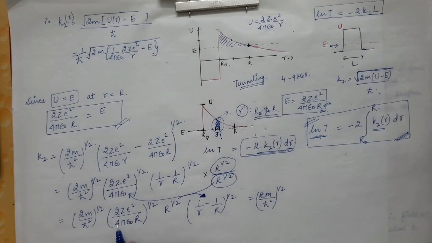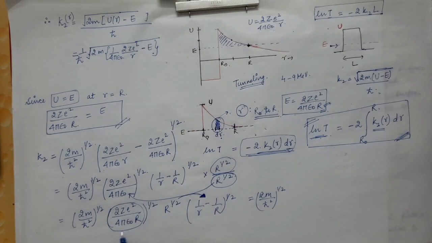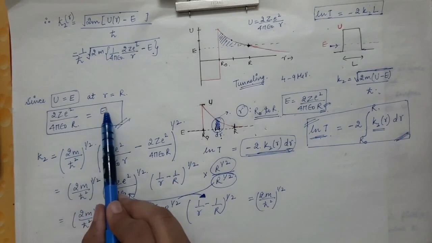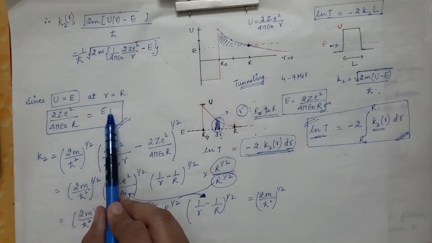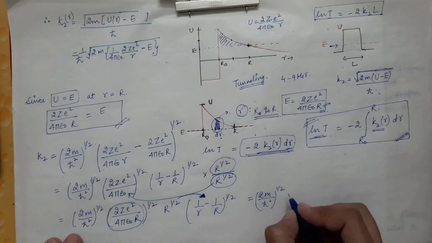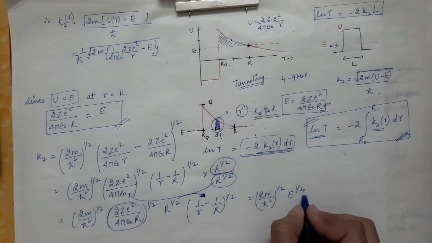Now what is this? 2Ze² divided by 4πε₀R is nothing but equal to the energy of the alpha particle. So this is equal to E, and this can be written as E^(1/2). So the power will remain as it is.